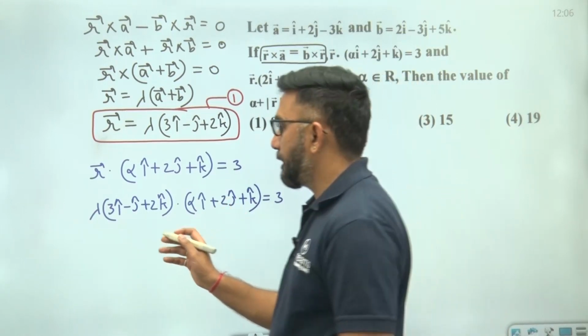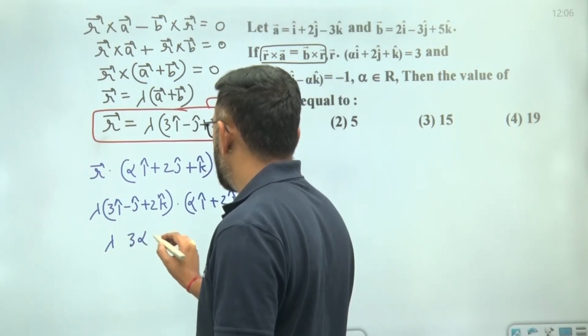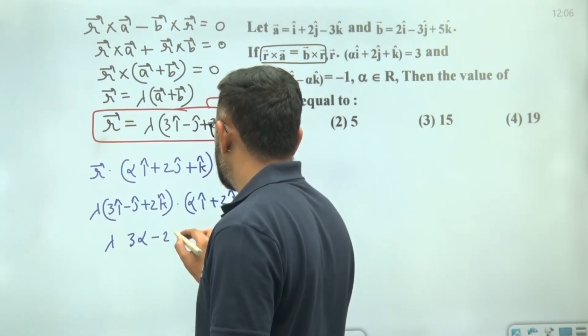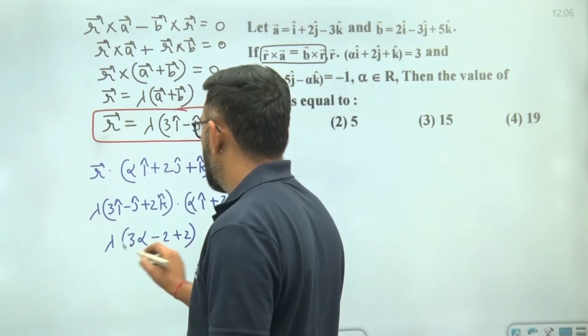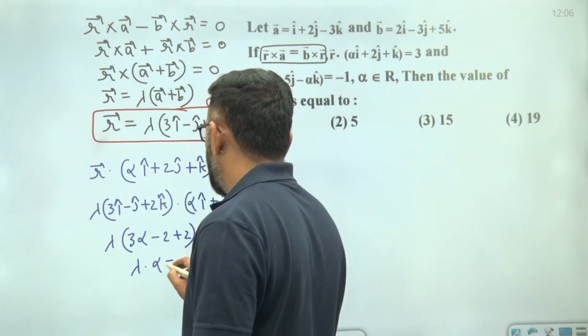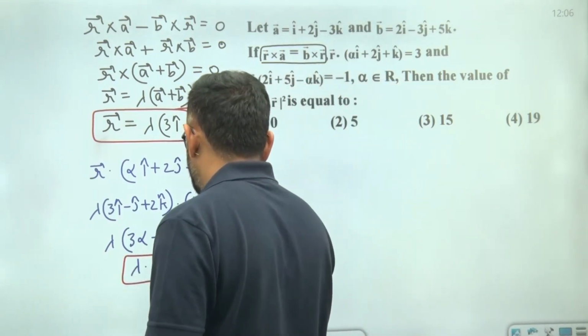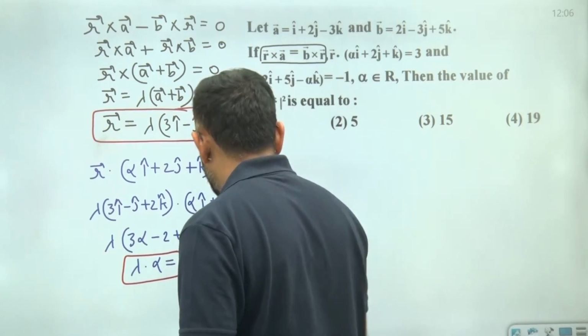Multiplying, this is lambda times (3 alpha minus 2 plus 2) equals 3. That is lambda alpha equals 1. This is our equation number 2, a relation between lambda and alpha.